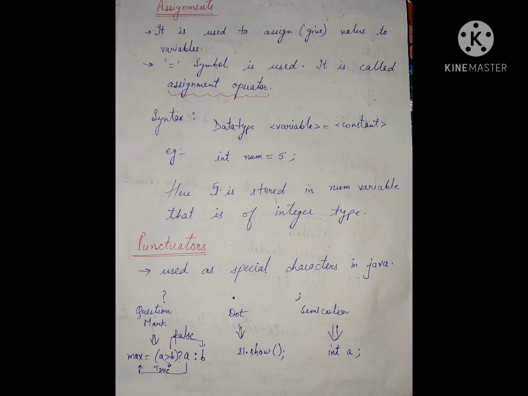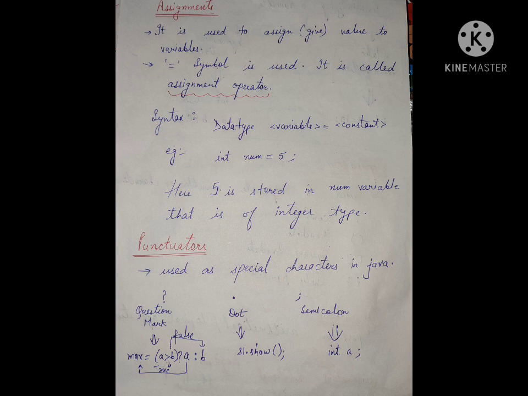Next are punctuators. These are used as special characters in Java. There are some punctuators: question mark, dot, semicolon. The question mark represents the actions to be taken when a given condition is true or false. It is used as the ternary operator. For example, if the condition a > b is true, then the value of a is assigned to the max variable.